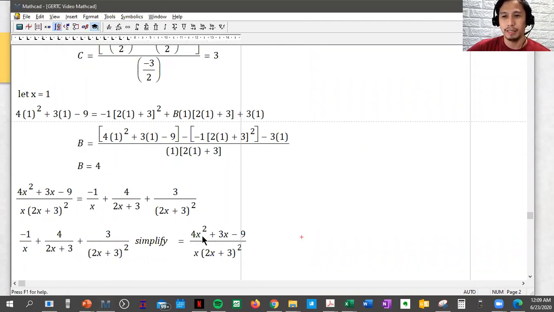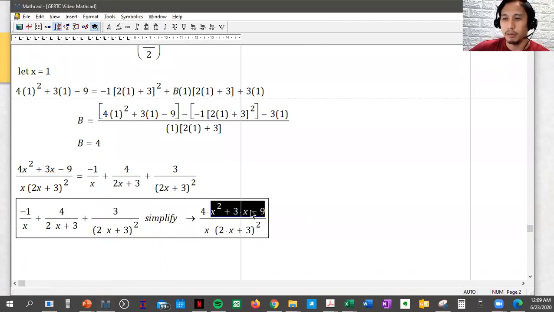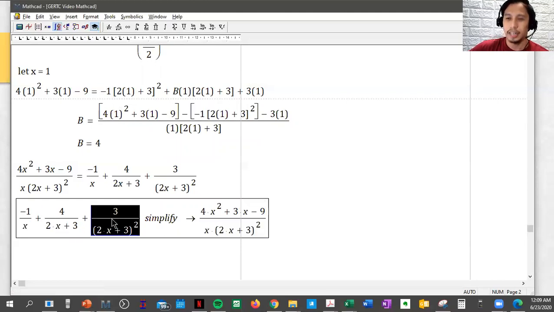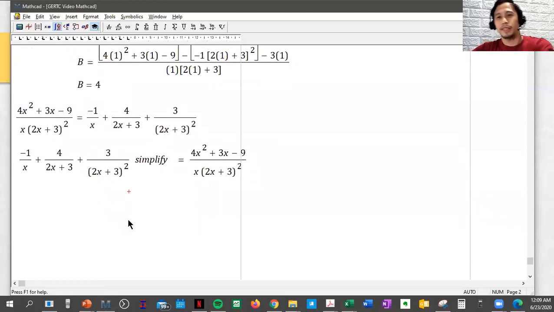That's the given, no? Na original fraction. If we are to rewrite this into its decomposition, this is the sum of this and this and this. So ganun yan. That is the second case.